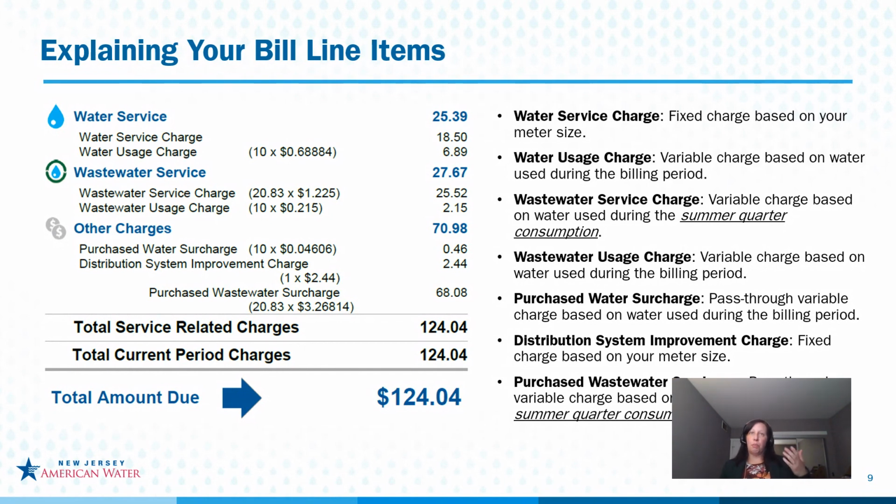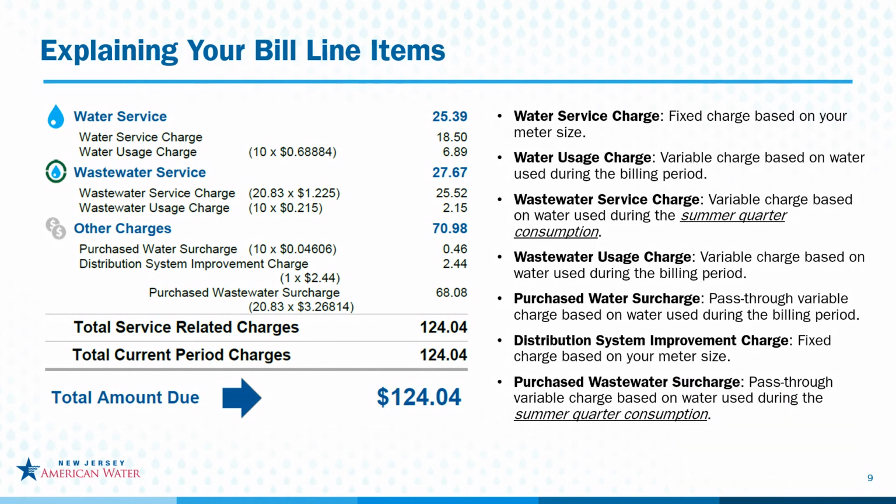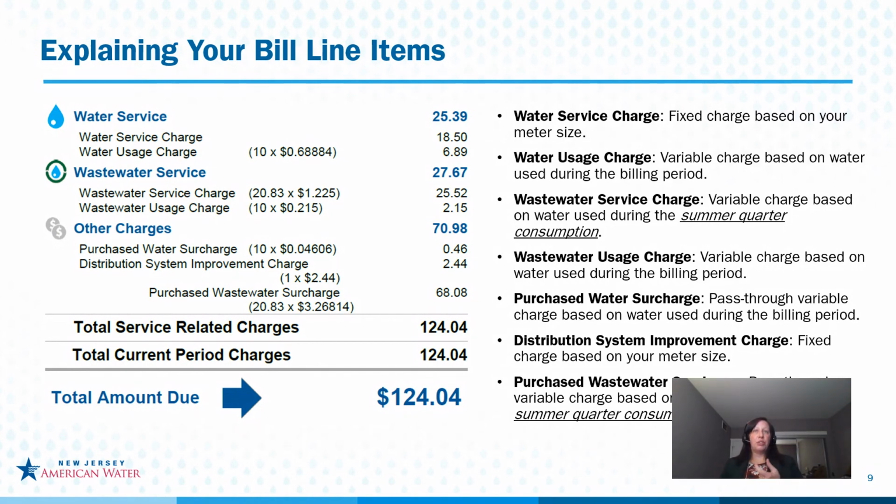So remember that meter size, 5/8 inch. If you take that and look at the rate schedule A1, as I indicated, you will see that 18.50 is the price, which is what you see here on the bill. The water usage charge is based on the water used during that billing period. So the usage charge is referred to as the variable revenue charge because it varies based on how much water a customer uses.